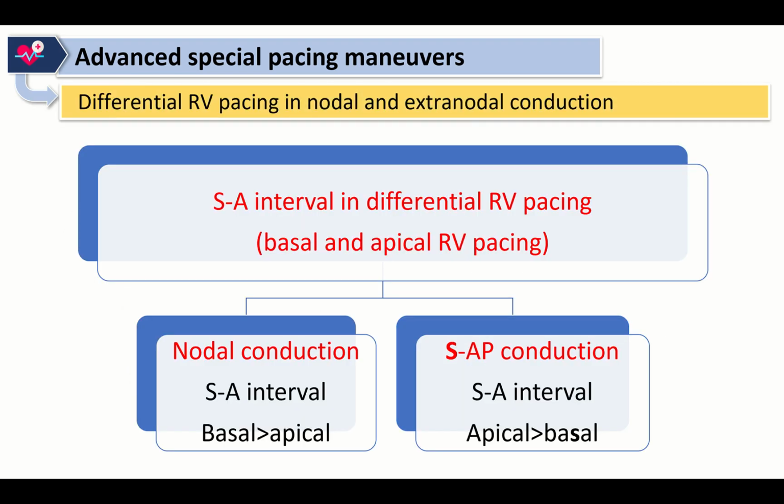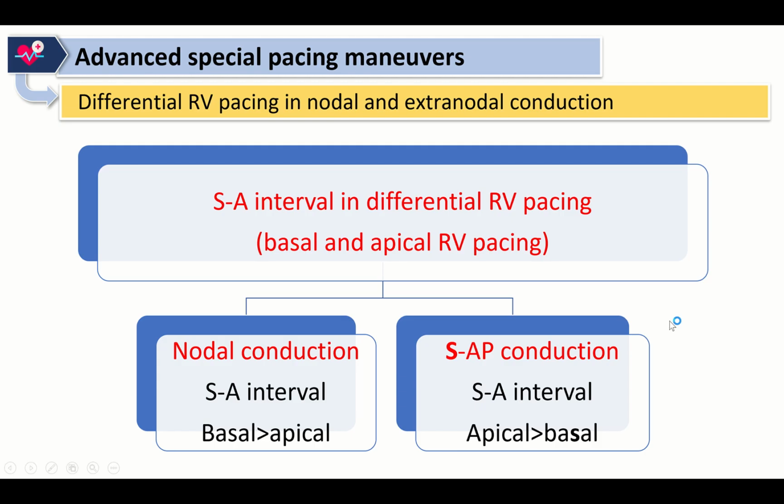So golden rule in differential RV pacing, you have to discriminate between nodal and extranodal conduction, AVNRT and accessory pathway tachycardia. Stim to A interval in differential RV pacing.